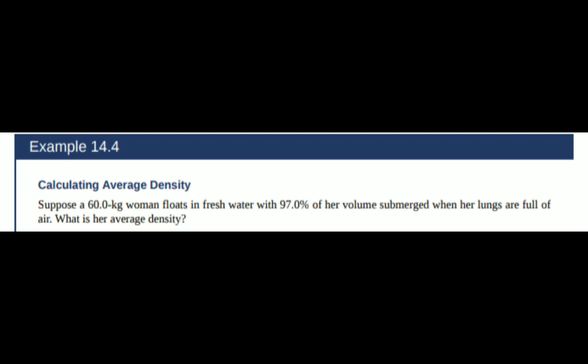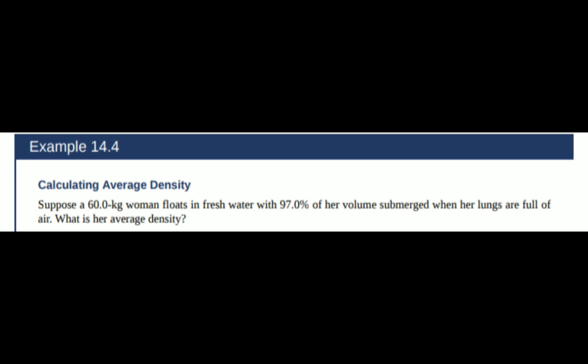We can find the woman's density by solving the equation: fraction submerged equals the average density over the density of the fluid. So for the density of the object, this yields the density of the person is equal to fraction submerged multiplied by the density of the fluid. So we know both the fraction submerged and the density of water, so we can calculate the woman's density.